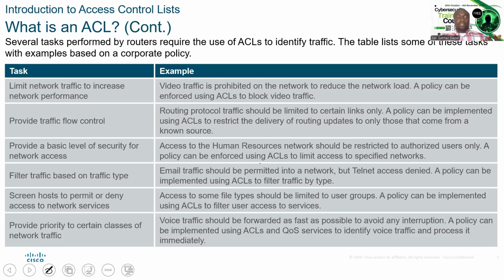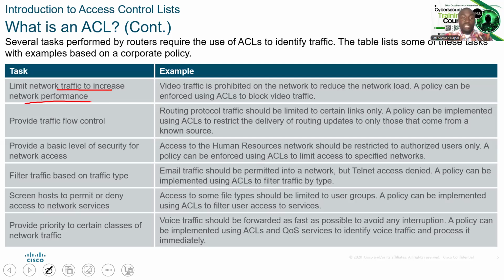Several tasks performed by routers require the use of access control lists to identify traffic. The table lists some of these tasks with examples based on corporate policies. For instance, limit network traffic to increase performance. Maybe you notice that your network has a lot of bottlenecks. It's very slow. So what can you do?